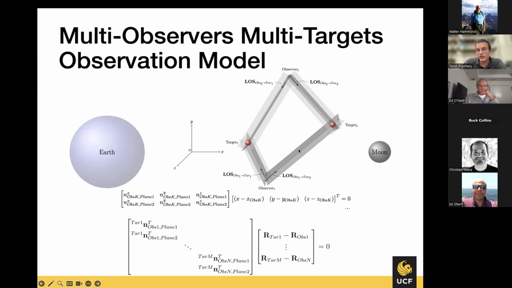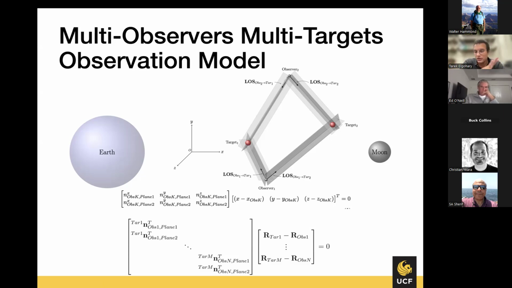Now, the main difference I want to highlight in this construction is that observer one and observer two are not connected. They do not know their location relative to each other. They are trying to estimate their position and the target position by just looking at the targets. Usually in these problems, you will have a map and the agents in the map know or have means to know where they are relative to each other, and this helps in the convergence scheme.